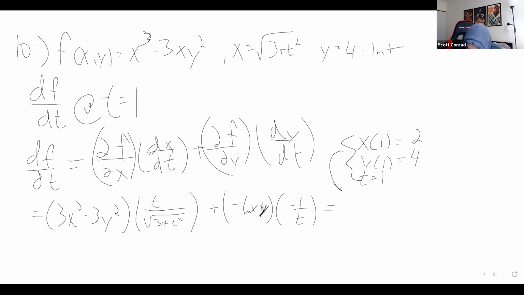So negative 36 times 1 over 2. Negative 36 times a half, plus negative 48 times negative 1. So we get negative 18 plus 48, we get 30.